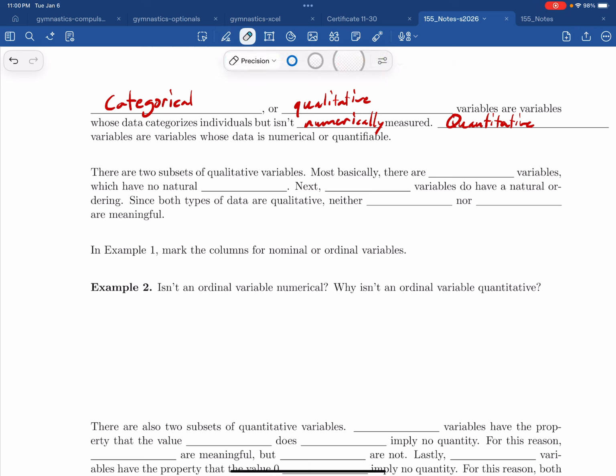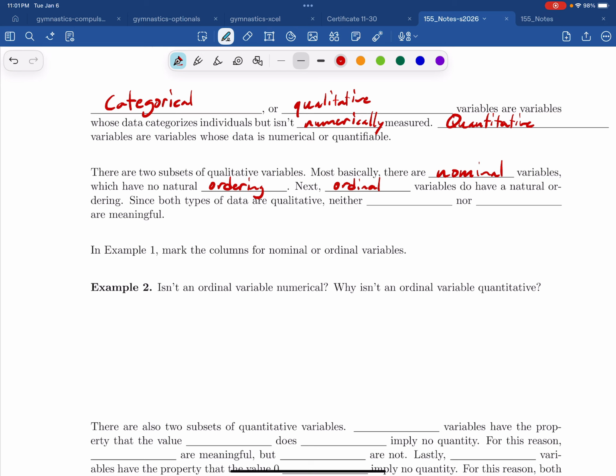Okay, now first off, two subsets of qualitative variables. First off, there are what we call nominal variables, which have no natural ordering, right? They're just names, right? Nominal means names. Next, ordinal variables do have some kind of an ordering. But they're both qualitative types of variables.